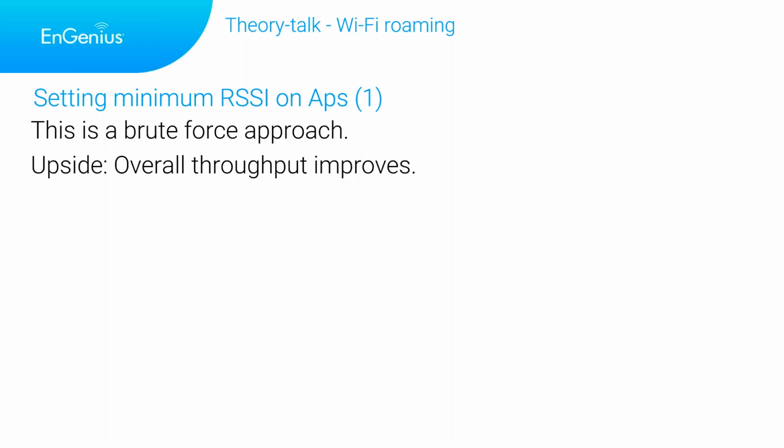This is very important to know. The upside: the overall throughput improves because devices will not be clinging to an access point even if the throughput becomes very low, because long before that the access point will have kicked it or tried to kick it.